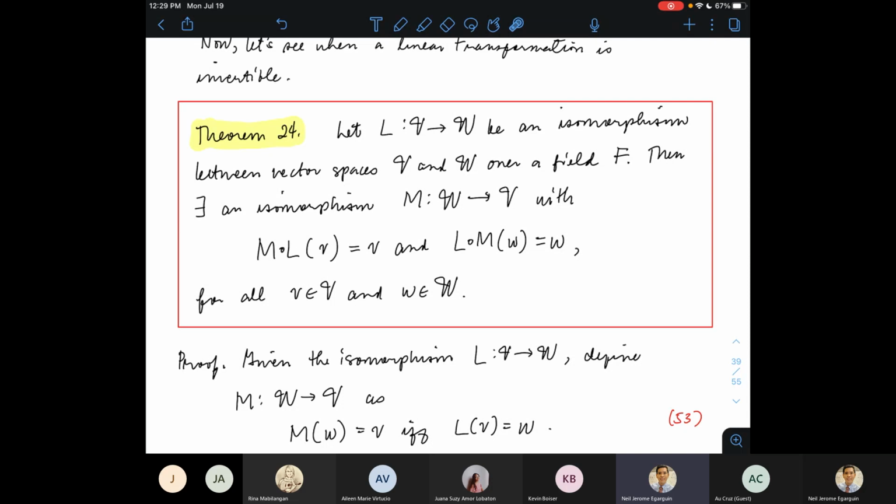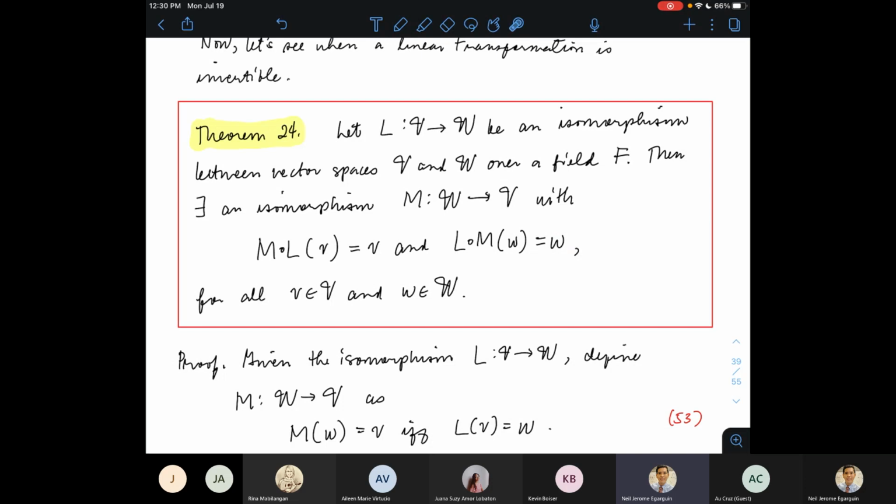We'll start with a linear transformation, actually not just a linear transformation, but an isomorphism L between V and W. Then it claims that there exists an isomorphism M from W to V, such that M circle L is the identity map, or in other words, M circle L of V is equal to V, and L circle M of W is equal to W for all V in V and W in W. So basically, if you will recall, the isomorphism M is what we call the inverse of the isomorphism L, right?